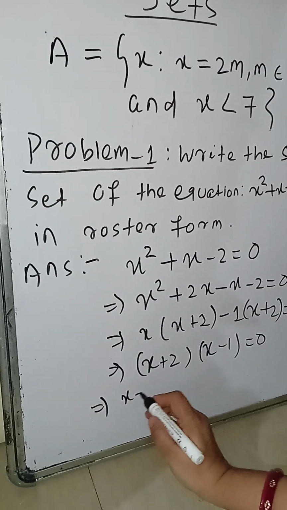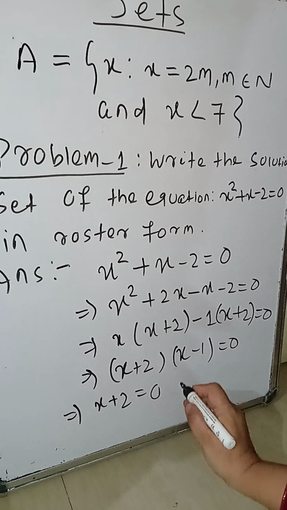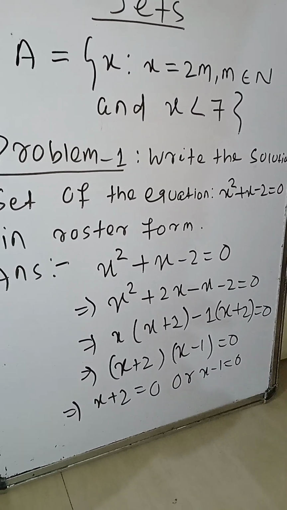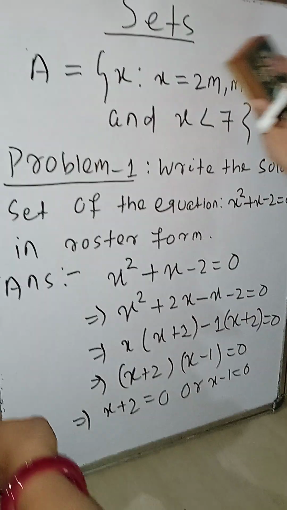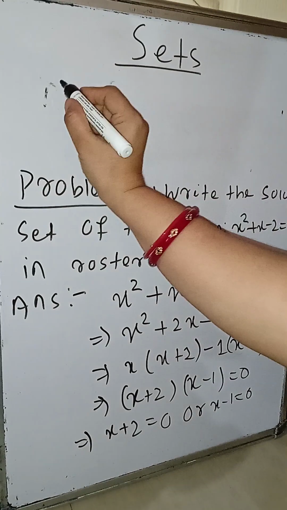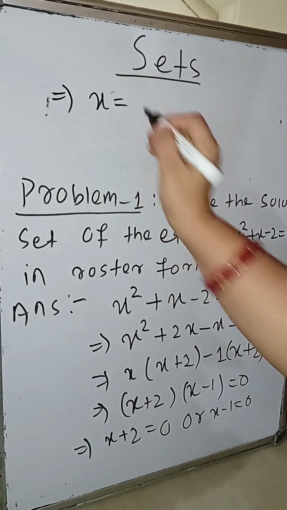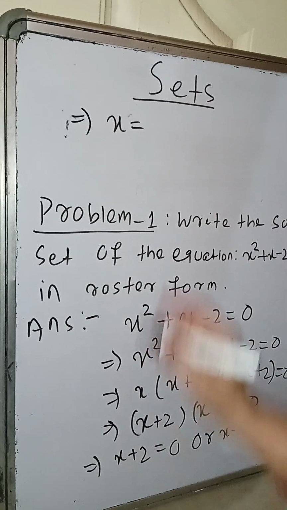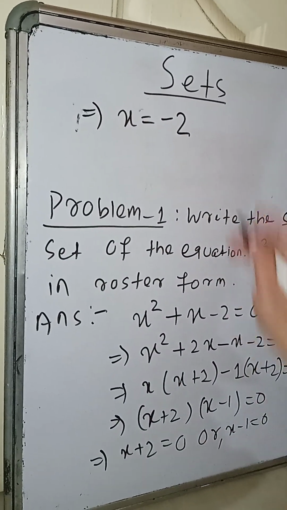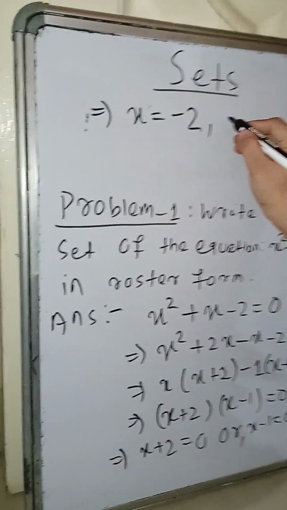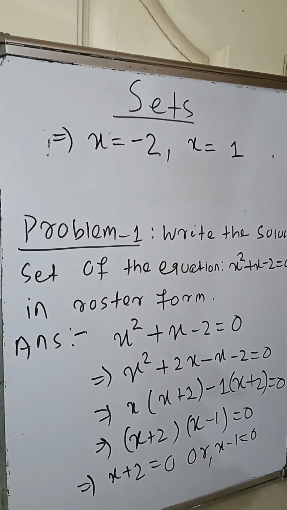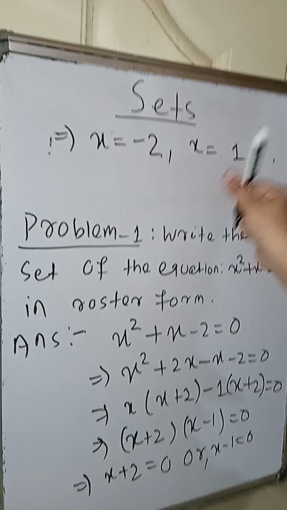This implies x plus 2 equal to 0 or x minus 1 equal to 0. Solving this, if x plus 2 equal to 0, x is minus 2, and if x minus 1 equal to 0, x equals 1. So the solutions are minus 2, 1.